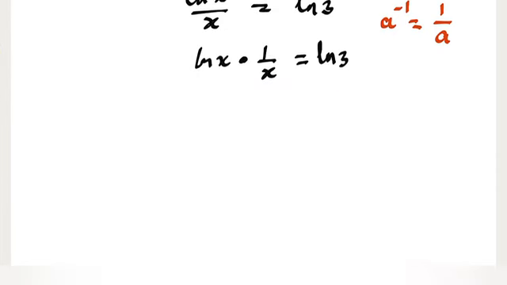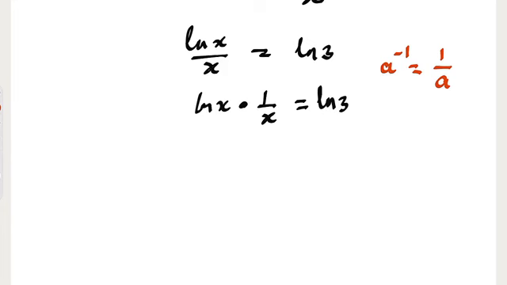From there, we're going to have ln of x multiplied by x to the power of minus 1 equals ln of 3.